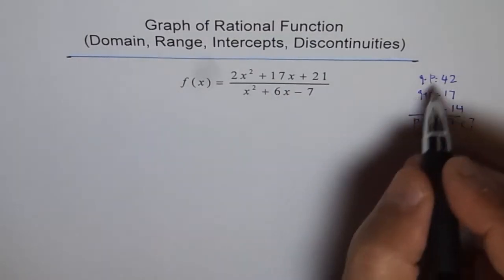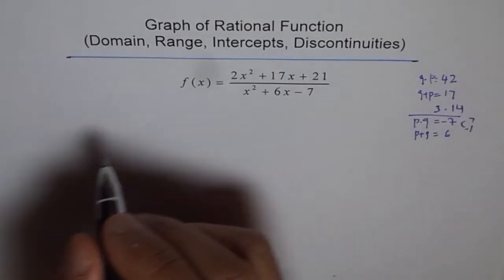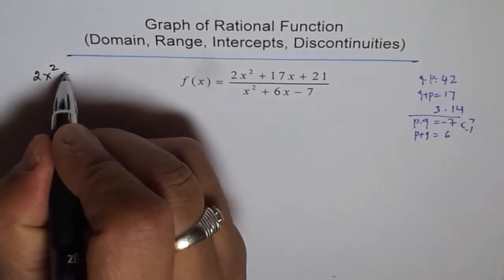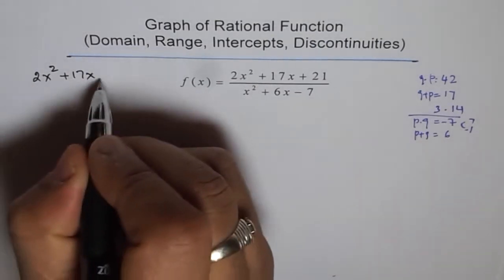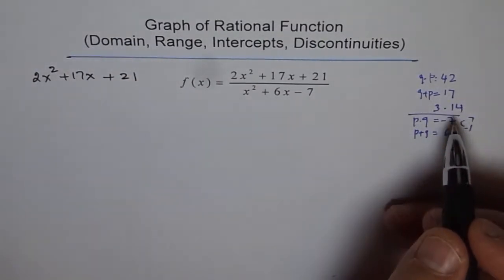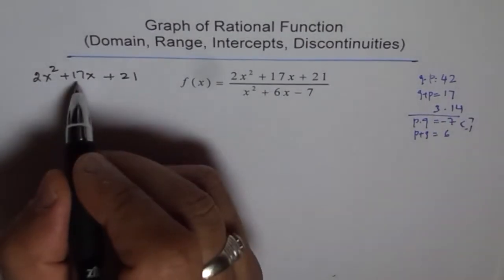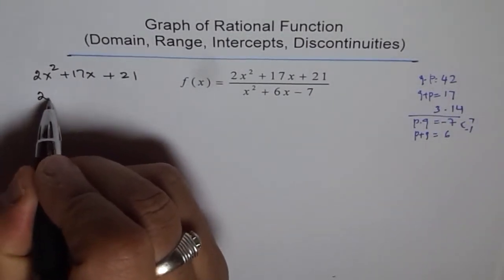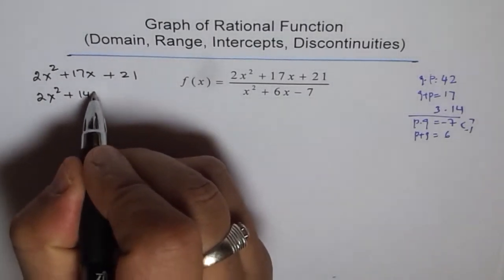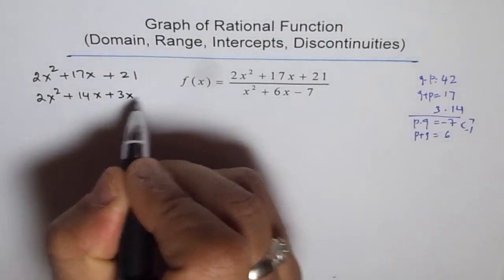We found that the two numbers are 3 and 14, so let's write 14 and 3 instead of 17. So let me write 2x squared plus 14x plus 3x plus 21.